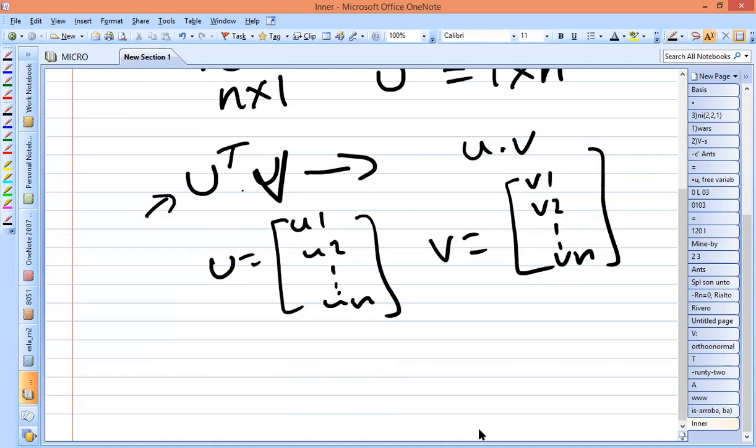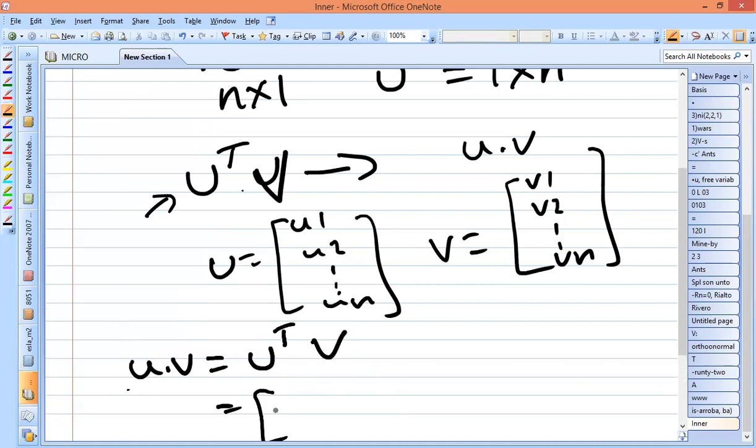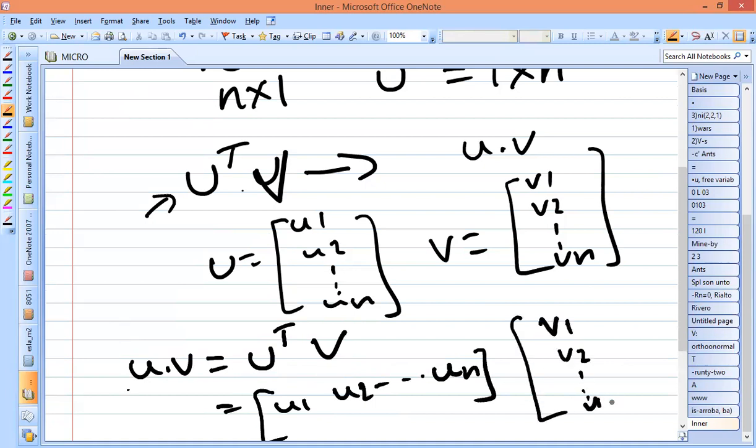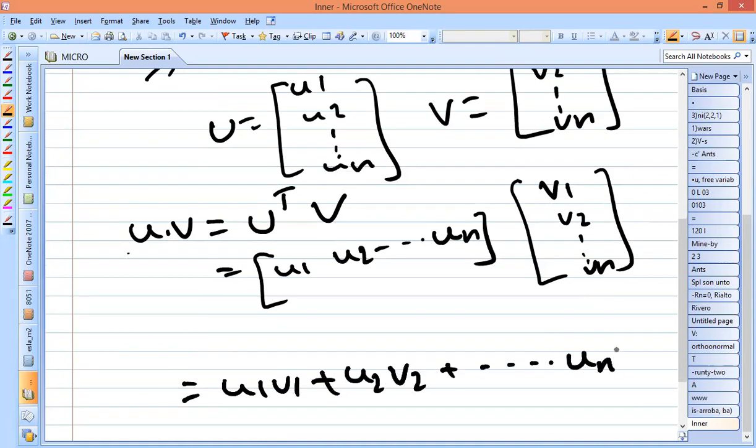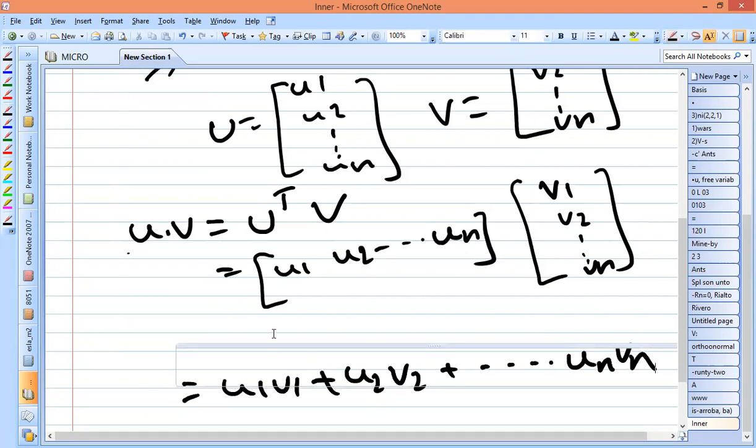In this case, we can write u dot v, the dot product of these two vectors, as u transpose v. In other words, whatever column elements we have will be shifted to the row. That is, we can write u1, u2 up to un multiplied with the column elements of v, v1, v2 up to vn, which results in the product u1 v1 plus u2 v2 plus so on up to un vn. So this is the basic definition of the inner product.